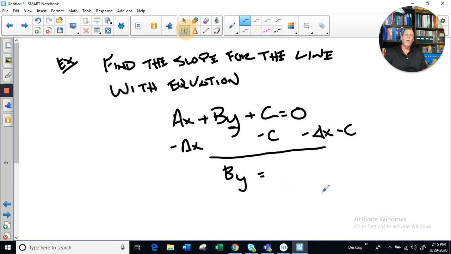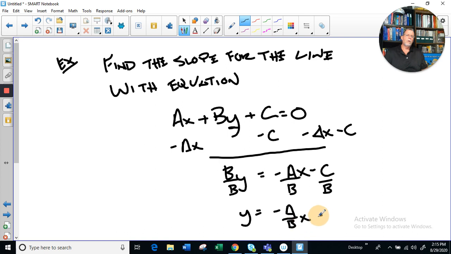And now we would divide everything by b. So if I wanted to know the slope of this standard form equation, what would the slope be? The slope here would be equal to negative a over b.